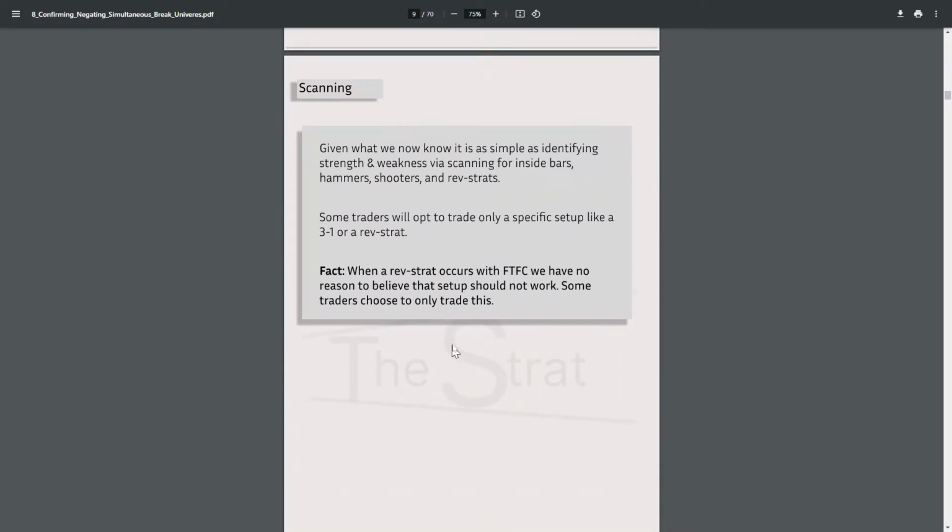So scanning, given what we know, it is as simple as identifying strength and weakness via scanning for inside bars, hammers, shooters, and rev strats, so our actionable signals. Some traders will opt to trade only a specific setup, like a 3-1 or a rev strat, and that's totally fine. You can just get really good at doing one thing as long as the conditions are correct.